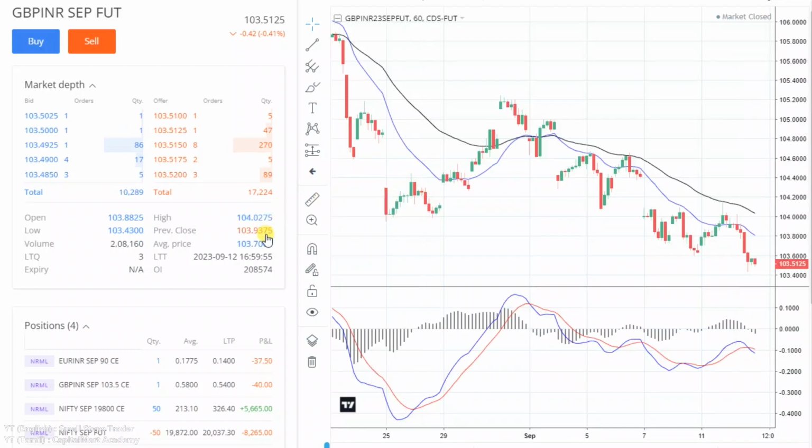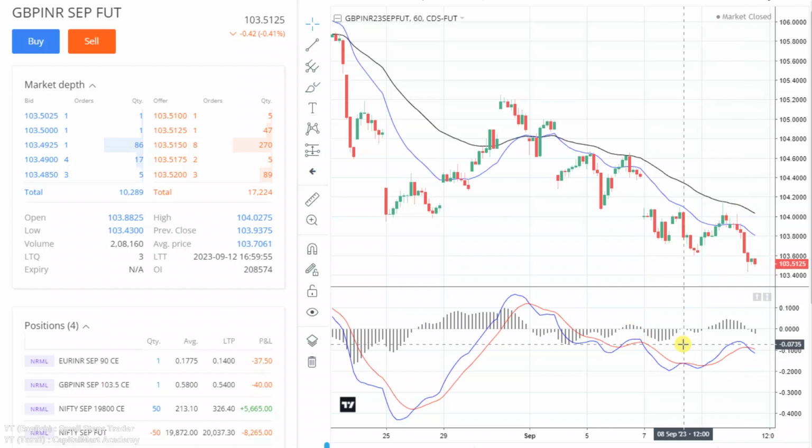So GBPINR previous close is 103.93, and it closed 42 paise negative. Yesterday it gave hope that it was trying to come upside, but today again it has come down. It never crossed the 50 EMA, which itself is an indication that it is in the downtrend only.